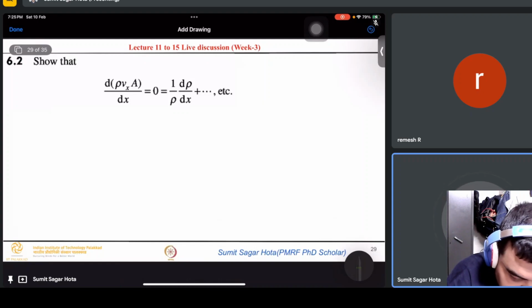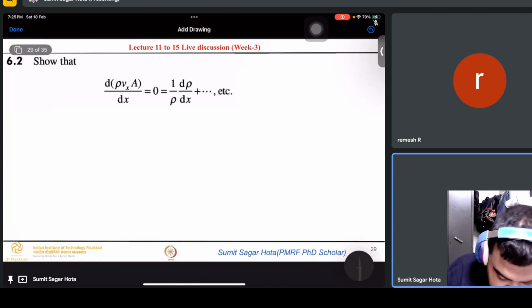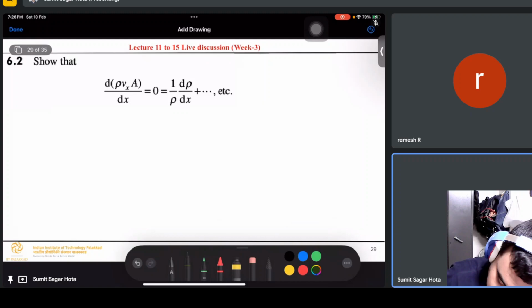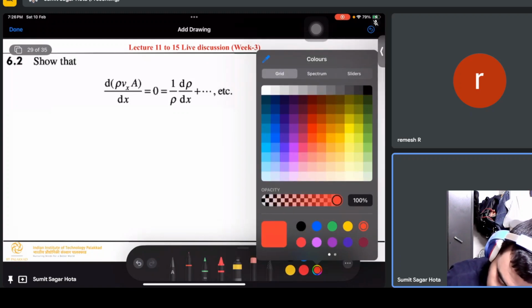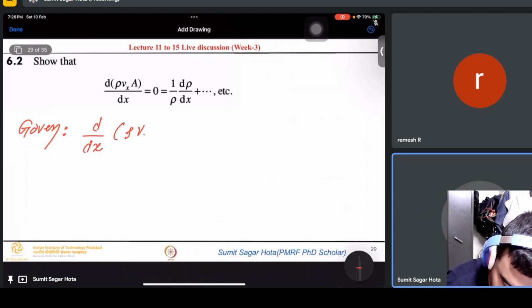So now this is a derivation problem. d/dx of (rho vx A) equal to 0.